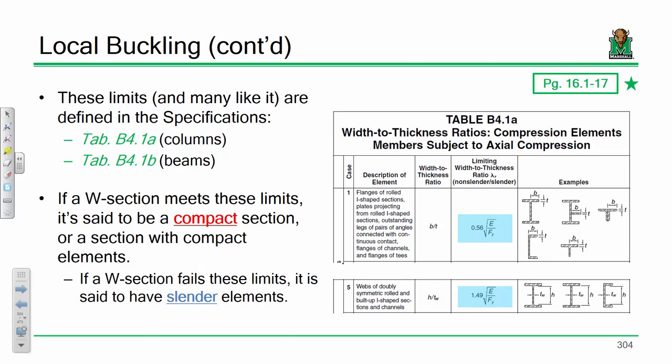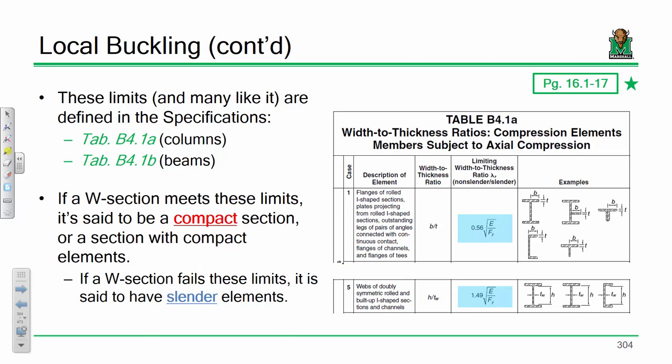Turn to 1-16. Okay, now I'm going to pick a random shape. Let's pick a W30x148. Does everybody see that? Does everybody see the little note C?